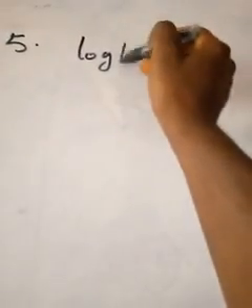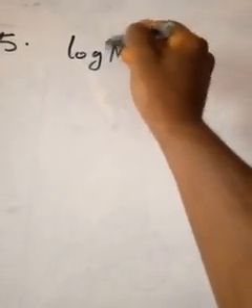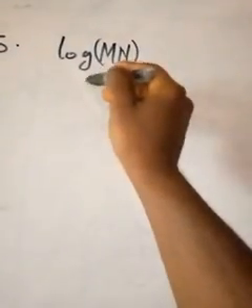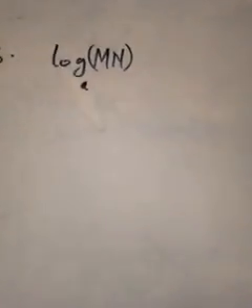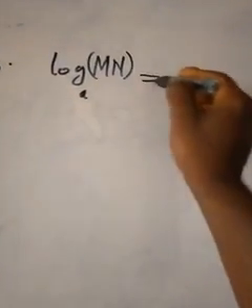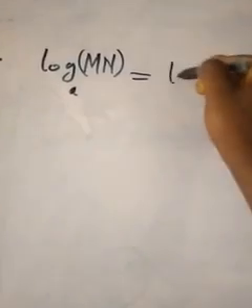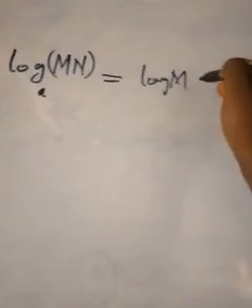Number 5 is talking about logarithm of product. If we have log mn base a, this is logarithm of product, it is equal to addition of separate logarithms. This is what it's going to give us.